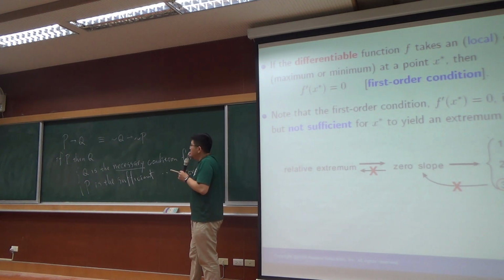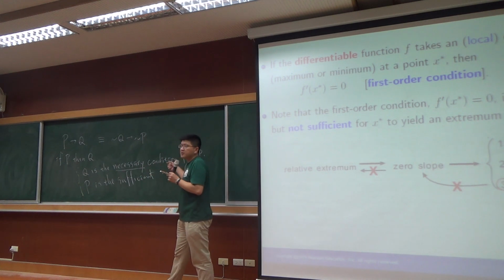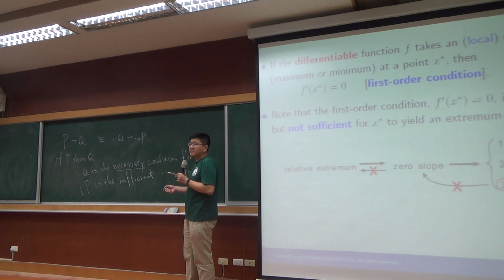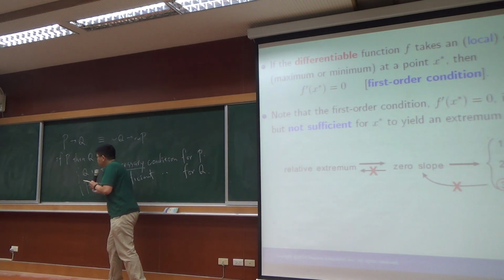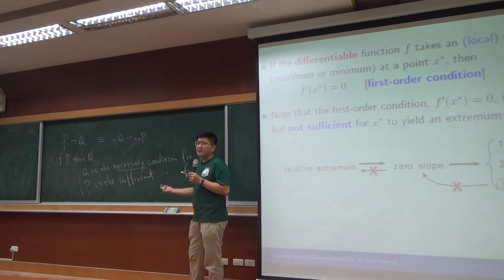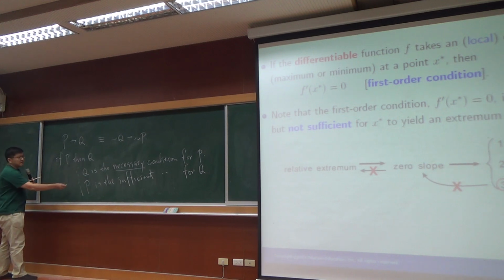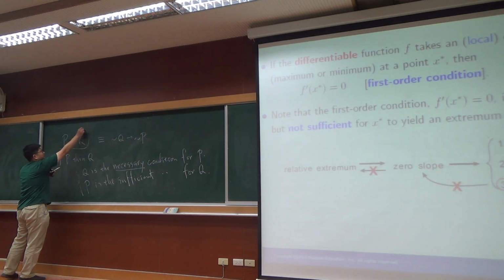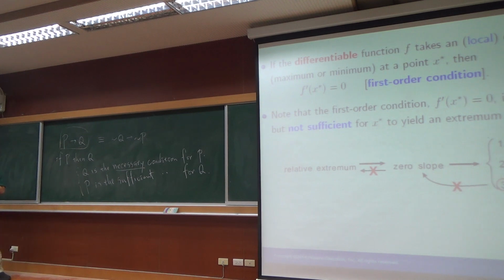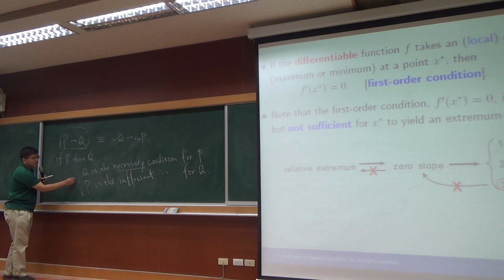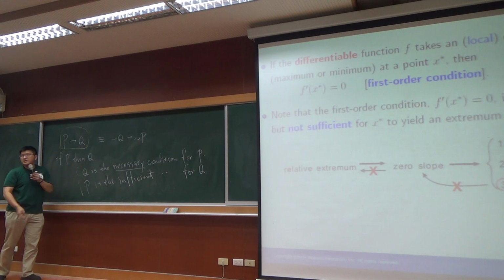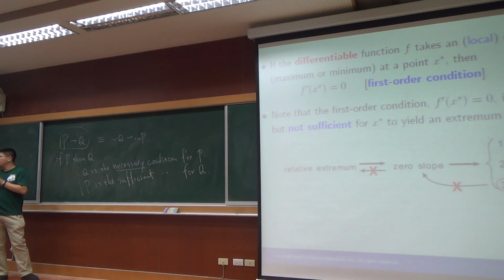So if we say Q is the necessary condition for P, then we know it must be that P is the sufficient condition for Q. It's the same thing because these two things are derived from the relationship, from this statement, if P then Q. Whenever you see if P then Q, then we know two things. Q is the necessary condition, P is the sufficient condition. Alright?